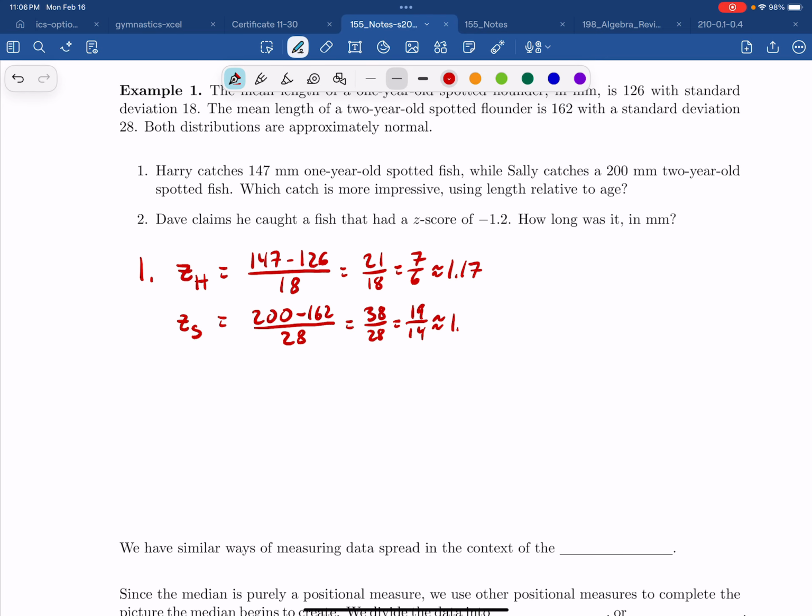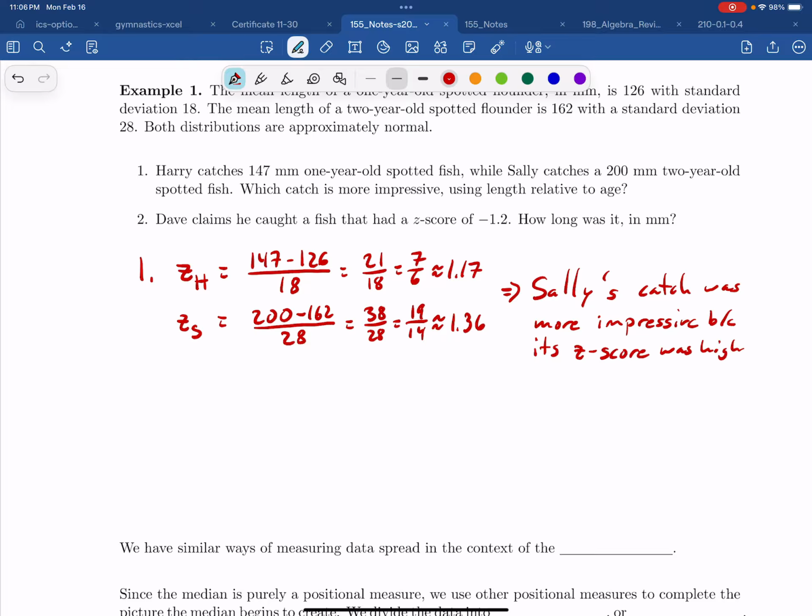So this means Sally's catch was more impressive because her z-score was higher than Harry's. Okay?